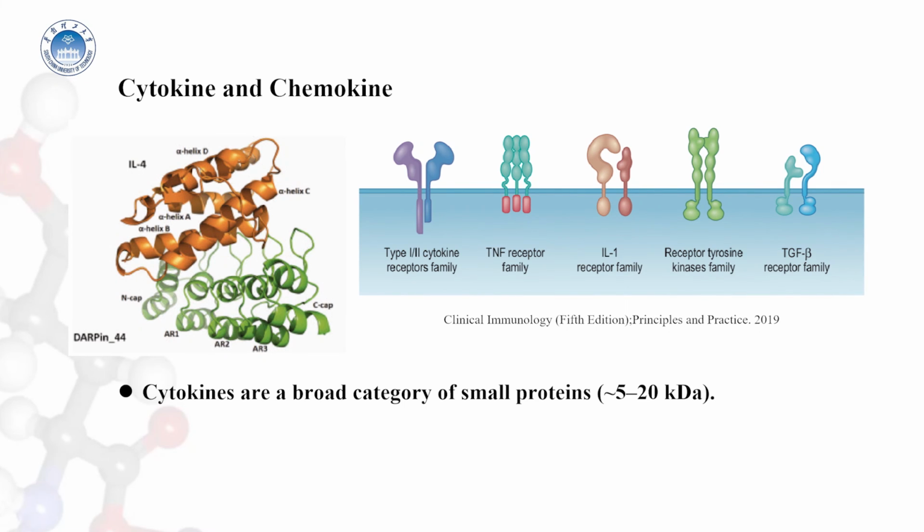Cell-mediated immune response leads to a lot of cytokines. We will introduce the cytokines and how they work. Cytokines are a broad and loose category of small proteins, about 5 to 20 kilodaltons, which are important in cell signaling.